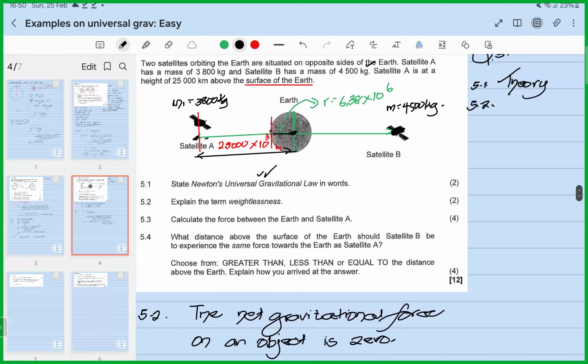They don't want you to do an exact calculation here. They are simply asking you to tell us whether this distance, the black distance there, is going to be greater than or equal to or less than this distance here between satellite A and the Earth.